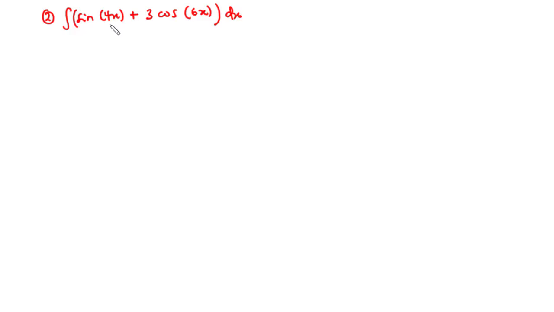We have the first to be sine 4x and the second to be 3 cos 6x. So the best thing to do is to integrate each of the terms separately. So we can say that this whole expression is equal to the integral of sine 4x dx plus the integral of 3 cos 6x dx.